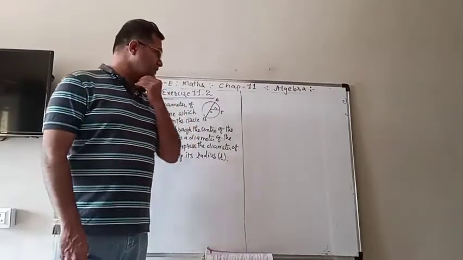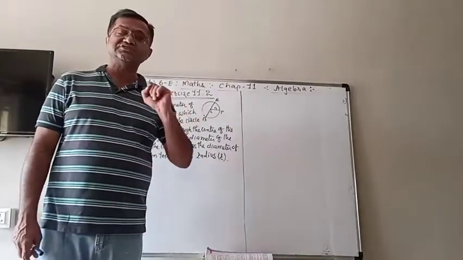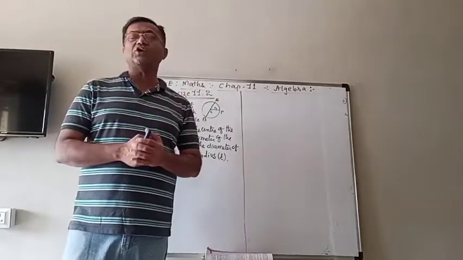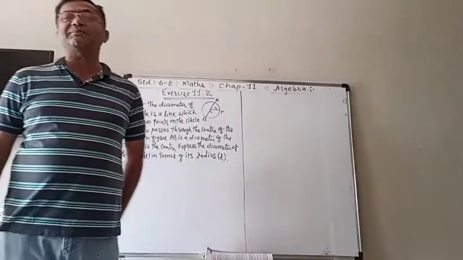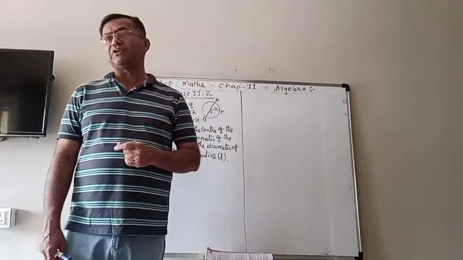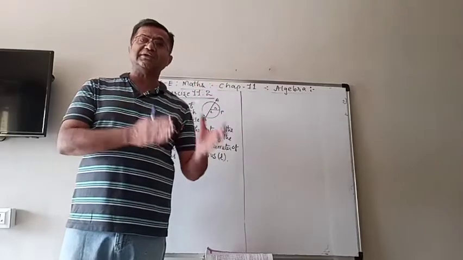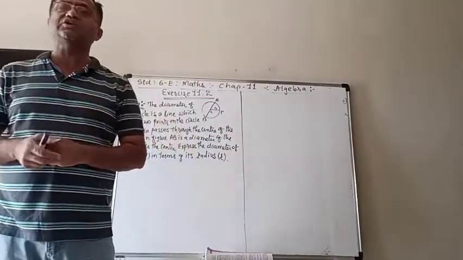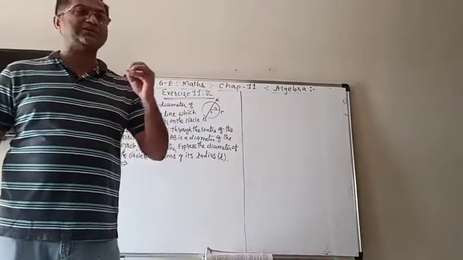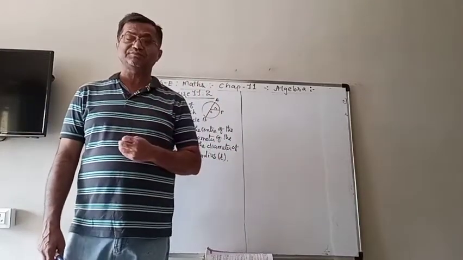Now here AB is the diameter and CP is the radius. To find the relation between diameter and radius, we must know the relation between the diameter and the radius of a circle. I hope you know that the diameter of a circle is twice the length of its radius.